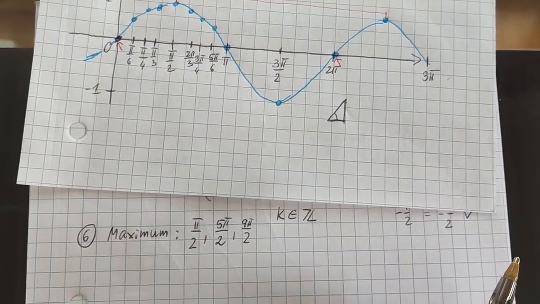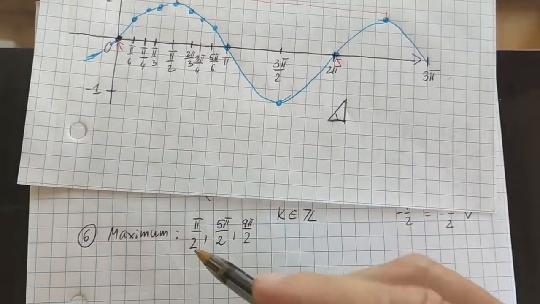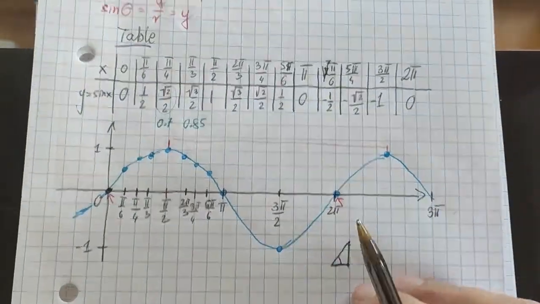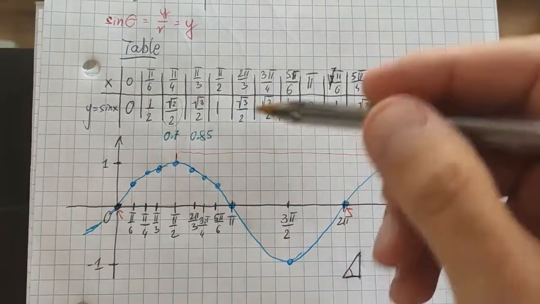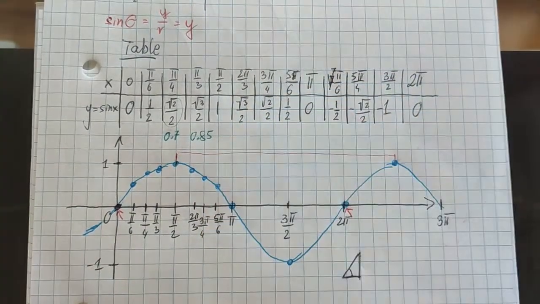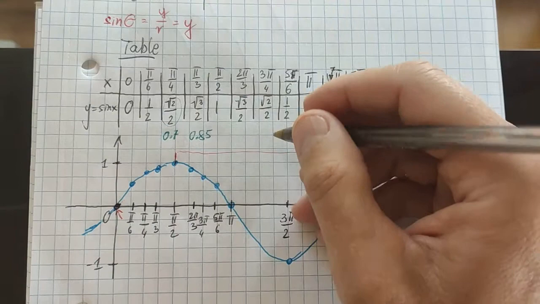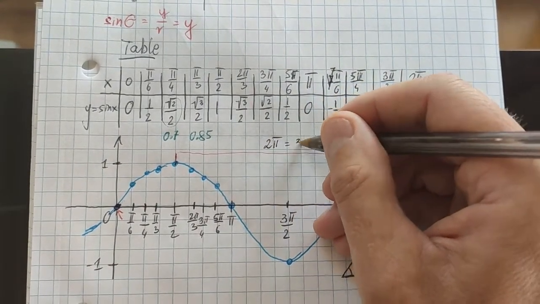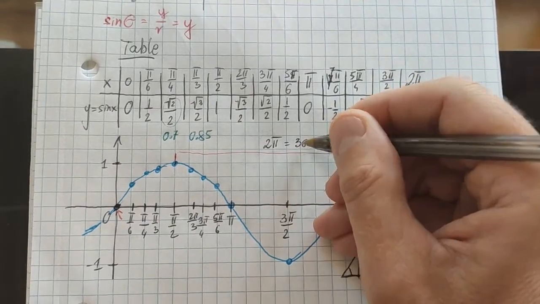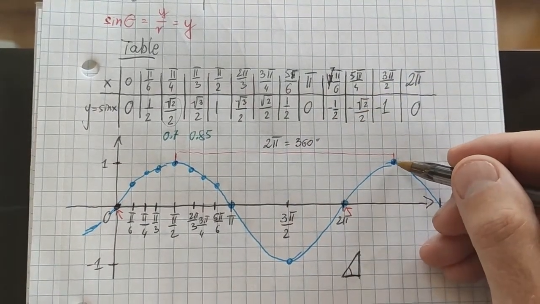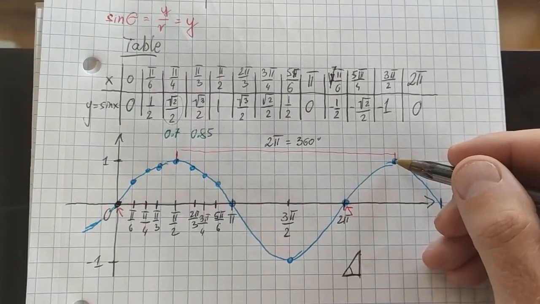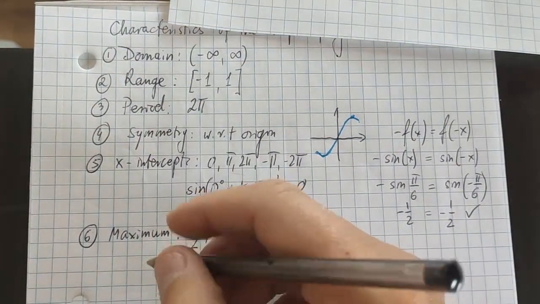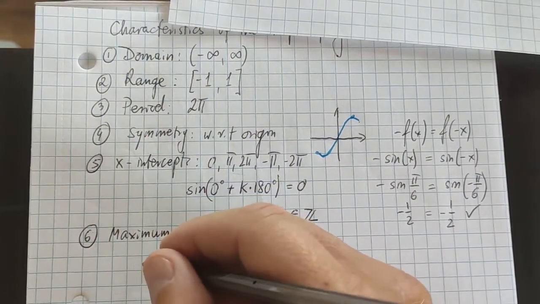So you see, let's look at the graph. Between this point and this point, I have 2 pi, or 360. So that maximum, that 1, the function will have every 360 degrees. So how should we write it?